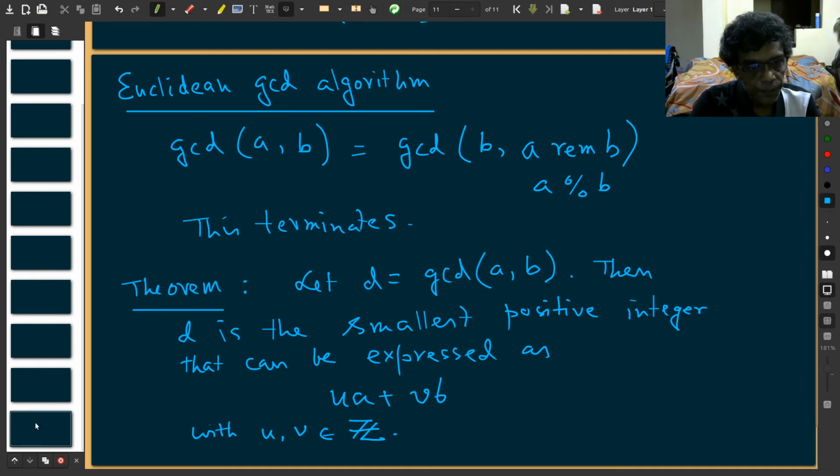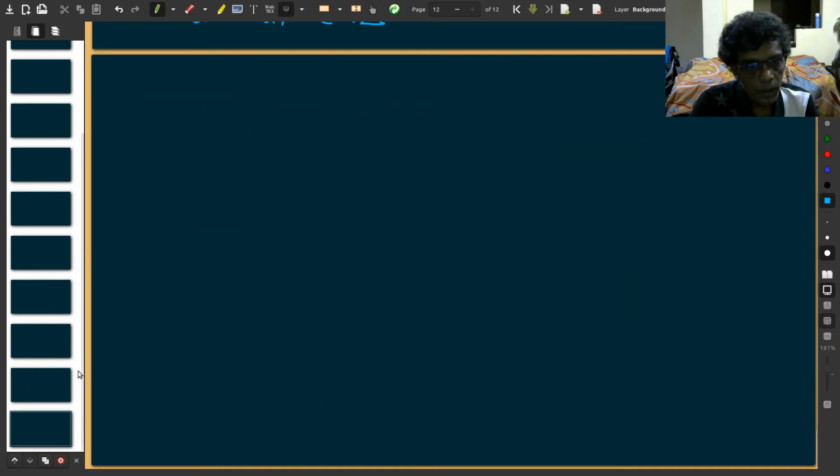Again, given the concept of GCD, there is a very related concept, least common multiple, LCM.